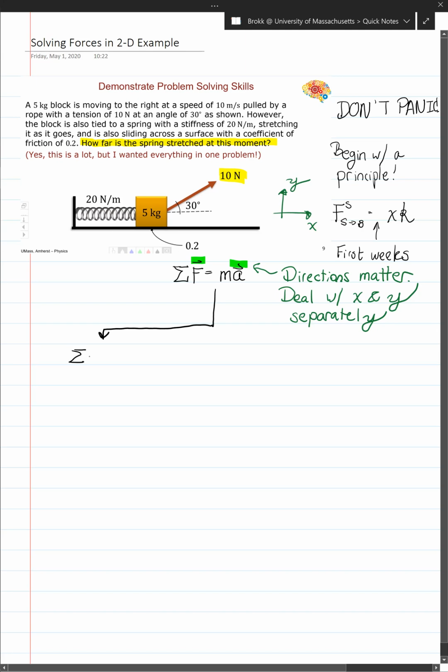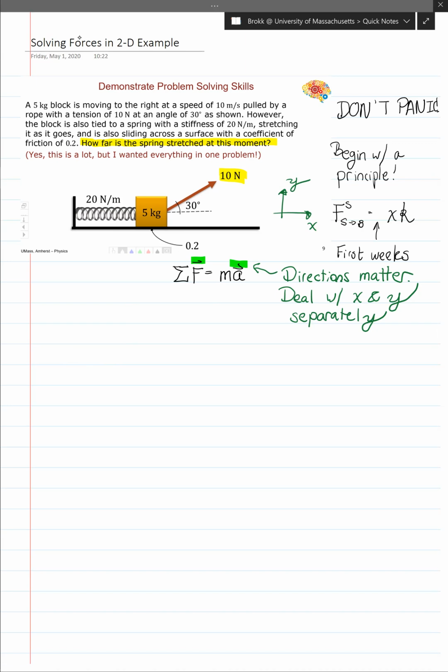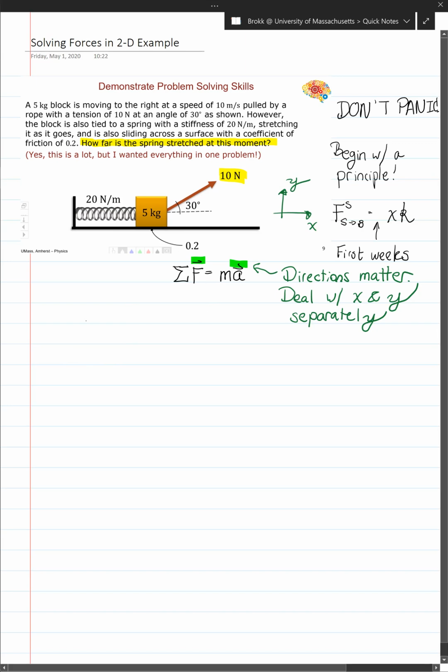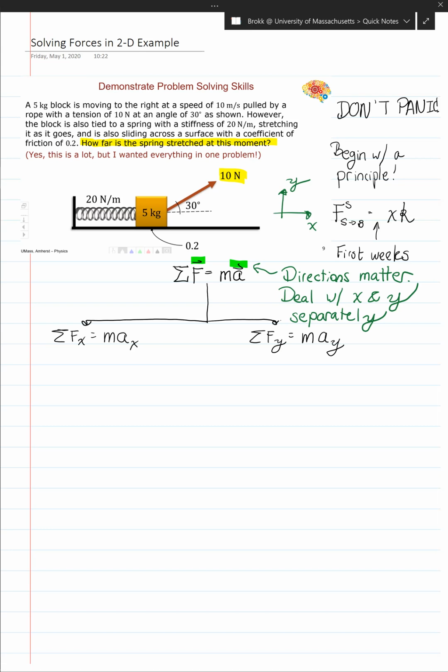So we have the sum of the forces in X. The sum of the forces in X will be the change in the object's motion in X, and the sum of the forces in Y will be the object's change in its Y motion. So AY, how much its motion in Y changes. Pushes in the vertical direction only change the vertical. Pushes in the horizontal only change the horizontal.